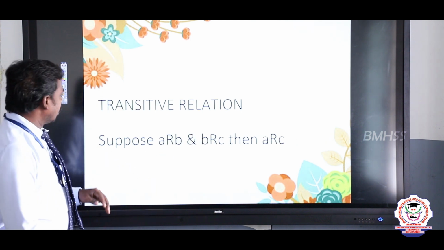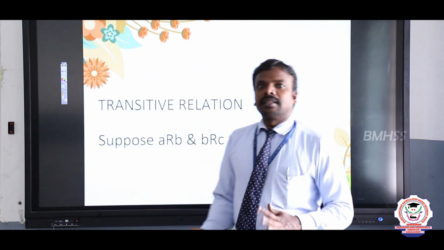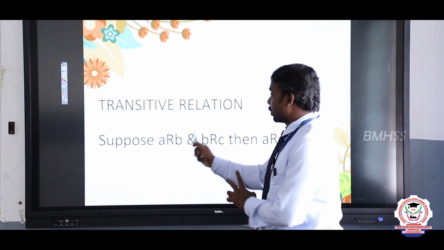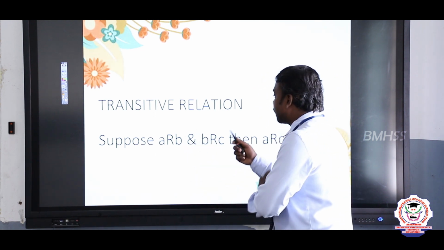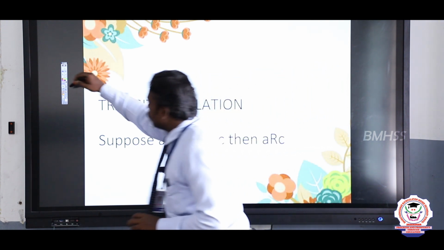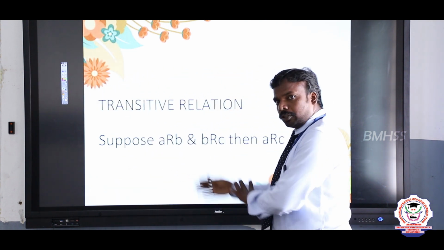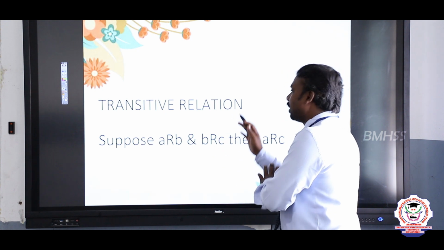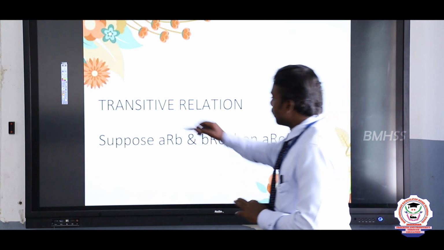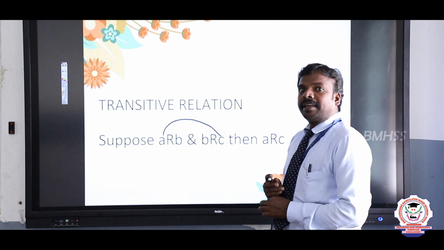Next one is transitive relation. Here we need to consider three elements, A, B, C, be it object or person, whatever it may be. Suppose A is related to B and B is related to C, then A is related to C. It means the first element A and the last element C must be related.